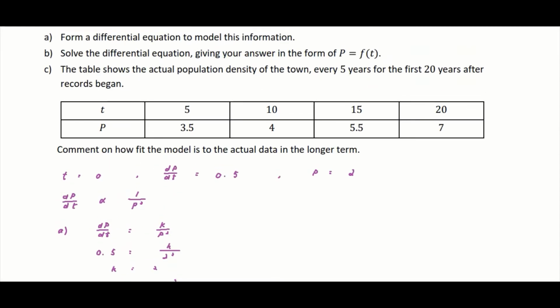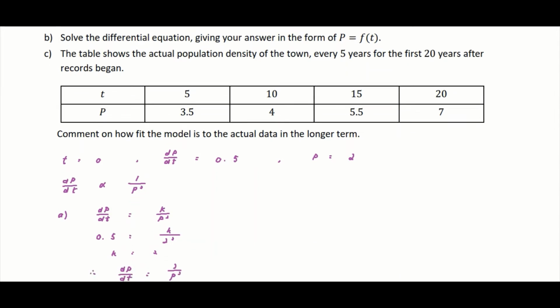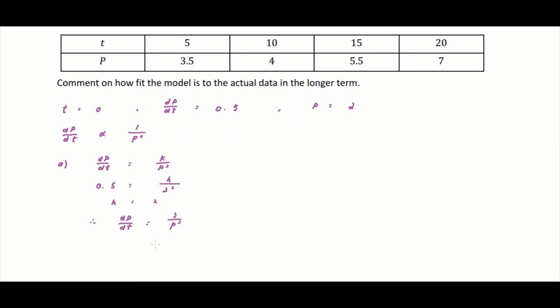Now move on to B. Solve the differential equation, giving your answer in the form P equals f of t. I think this is not hard as well. You can try to do the integration by yourself. So dP/dt equals 2 over P squared.